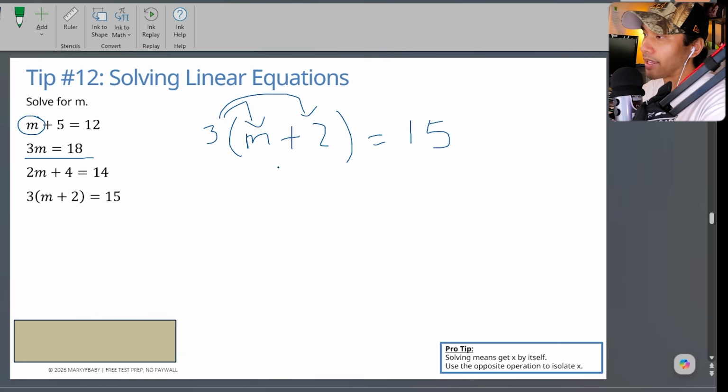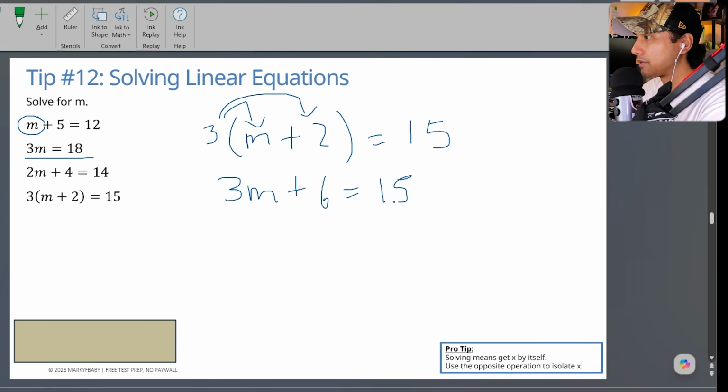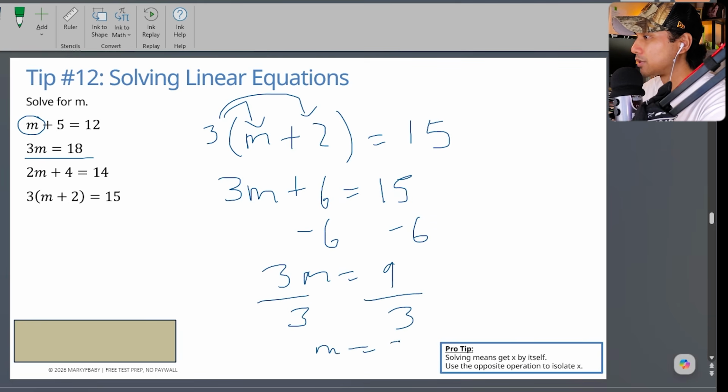I don't think that's the best way, I will talk about that later, but let me see if this works. 3m plus 6 equals 15. Then you can minus 6, 3m equals 9, divide by 3, m equals 3. So you can do it like that.